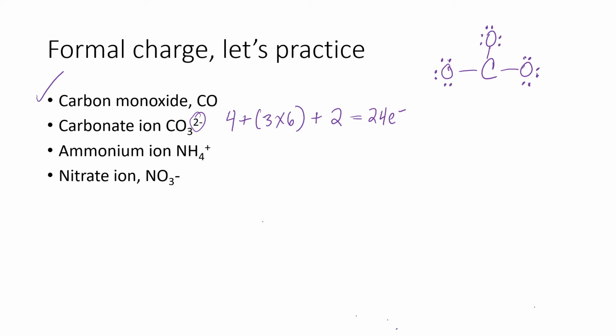Now, we have a problem. Carbon doesn't have an octet. We don't like that. So we're going to take a pair of electrons from any one of these oxygens, actually, and we're going to move it to make a double bond. And then we're going to end up with a structure that looks like this. It is going to be a valid Lewis structure.